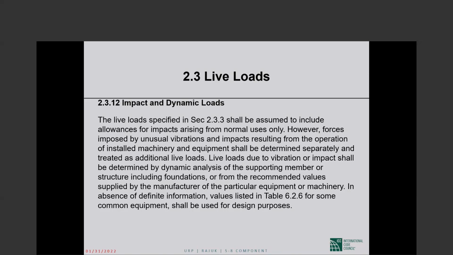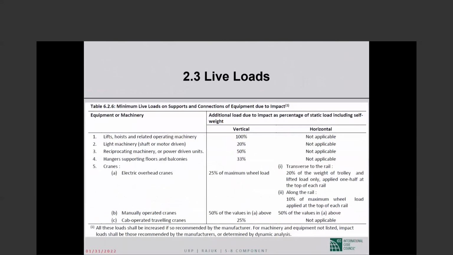However, forces imposed by unusual vibrations and impacts resulting from the operation of installed machinery and equipment shall be determined separately and treated as additional live loads. Live loads due to vibration. Anyway, you can read all of that. The good thing I think is BNBC has given you this table.